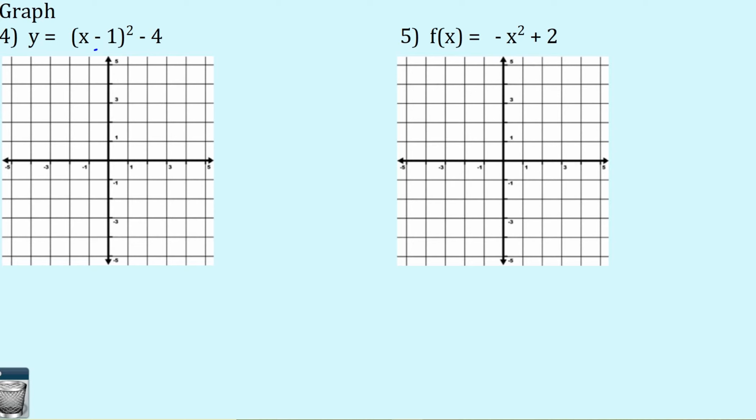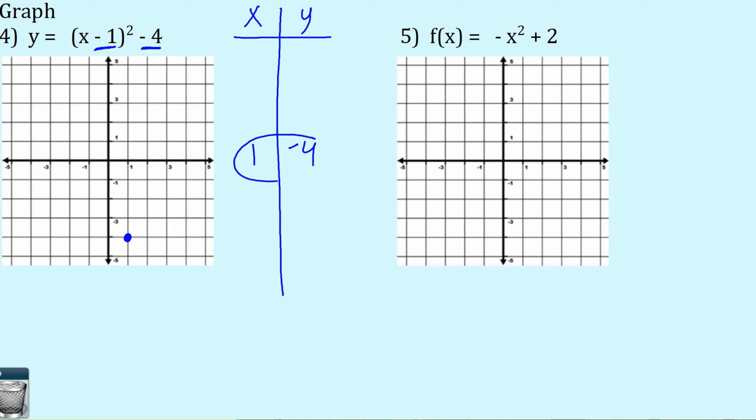So if we're going -1, -4, that means we're going right 1 and down 4. So I know my vertex is there. If I want to graph this and I don't want to use my slope trick, I plug in 1, -4, and I pick my values around the vertex.